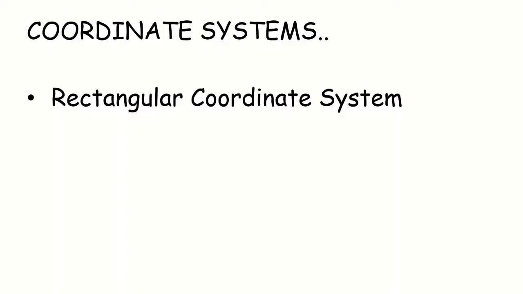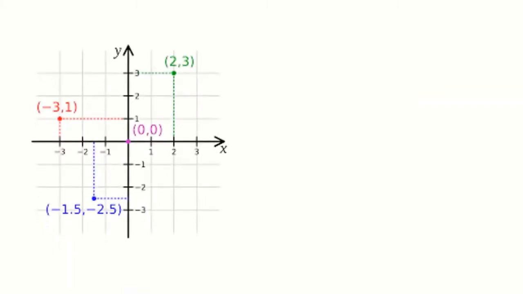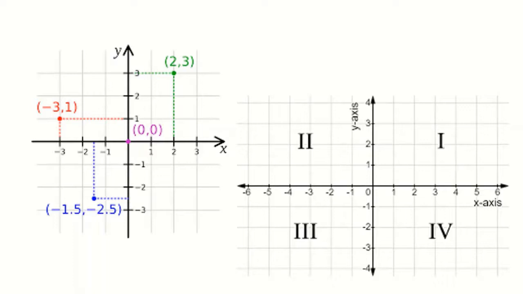Since our high schools, it consists of an x-axis, a y-axis, and the other name of this coordinate system is the Cartesian coordinate system. And the coordinates of the point are referred to as the ordinate and the abscissa.